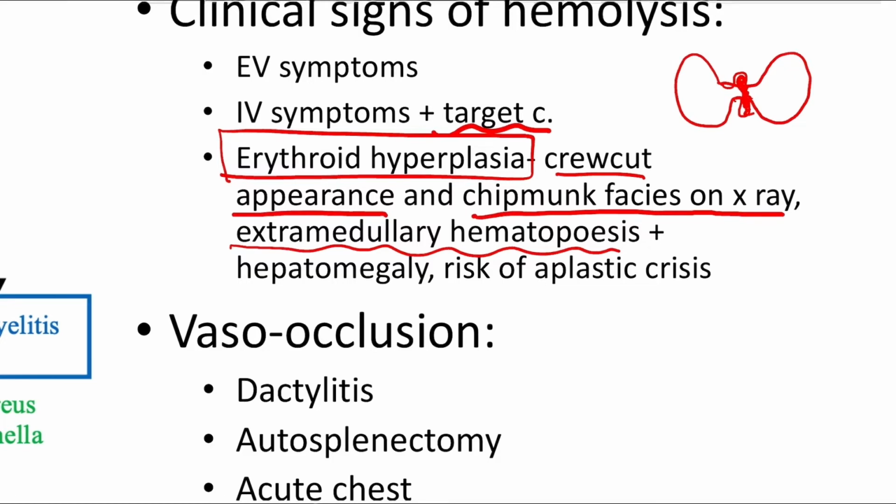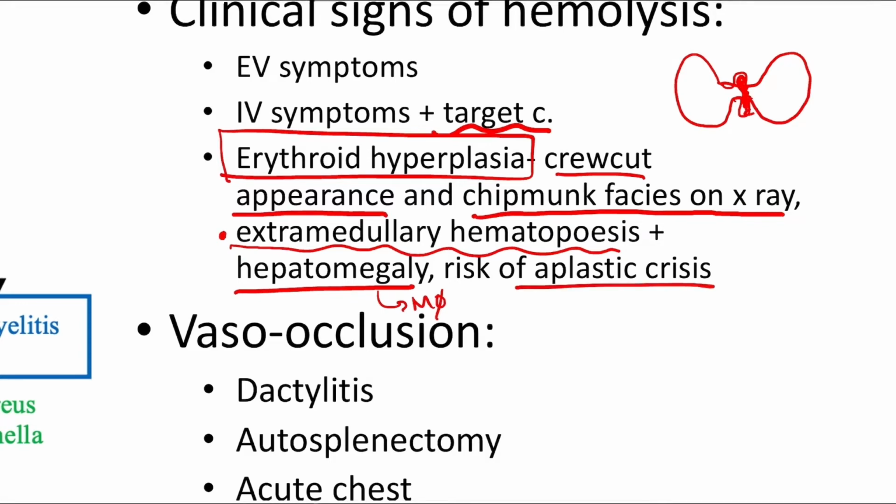And obviously, because of extramedullary hematopoiesis, these RBCs are not made with the same integrity that the long bones make them with. As a result, there is increased hepatomegaly, because we know that there's hepatosplenomegaly, because the macrophages in the reticuloendothelial system become larger as they become overactive.